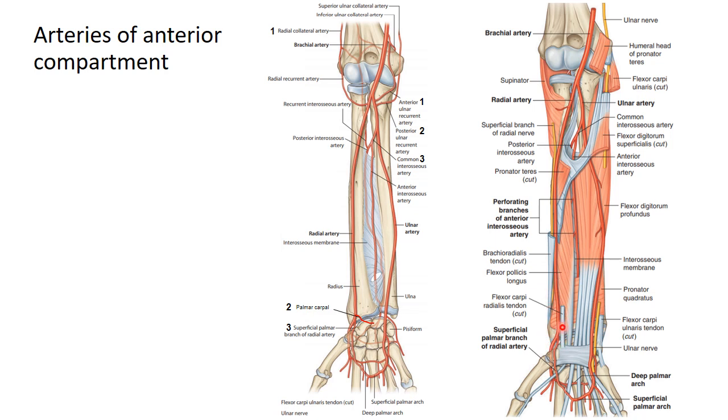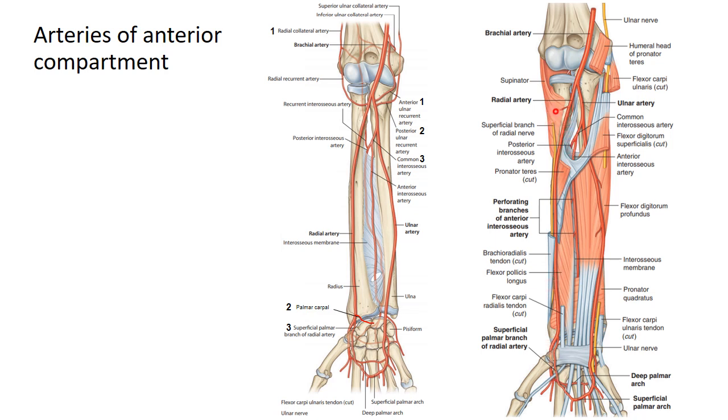This area is important, and we will see why. Then it ends by passing on the posterolateral aspect of the wrist, then crosses posterior to the first metacarpal bone and enters the hand between the bases of the first and second metacarpal bones.